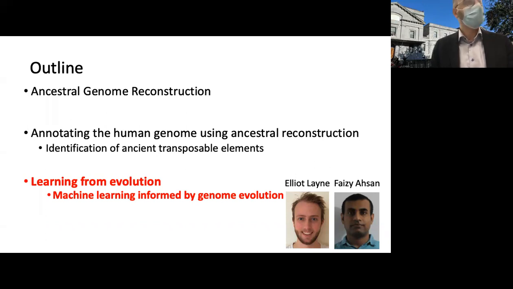Okay. There's a question from Leon. Do the transpositions occur randomly or are they under genetic control? Right, good question. So do the insertions of transposable elements happen randomly or under some sort of control? To a first degree of approximation, they happen randomly. The location in which new transposable elements insert is essentially random, although it might be impacted by things like the openness of chromatin and other things.